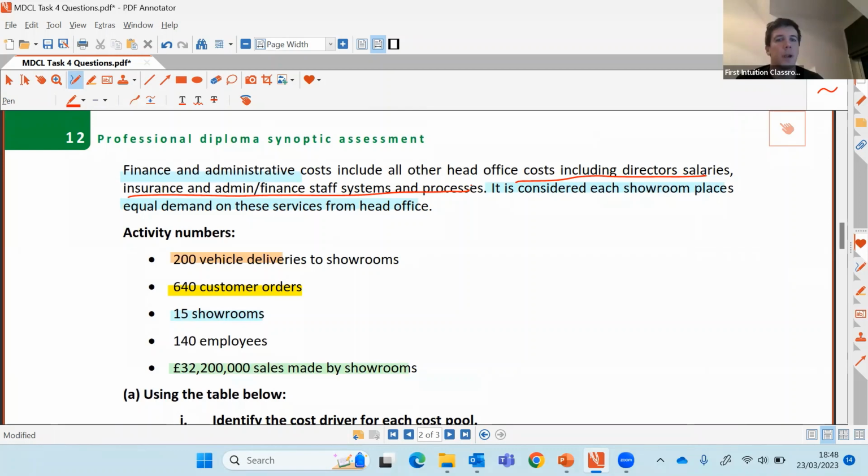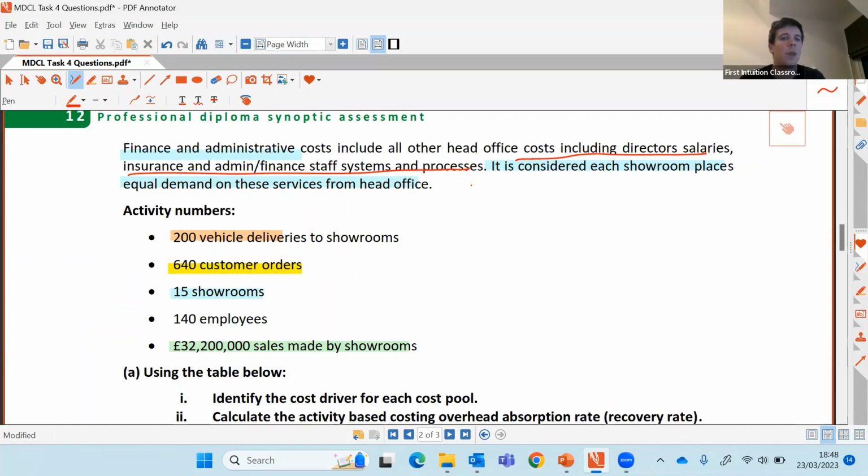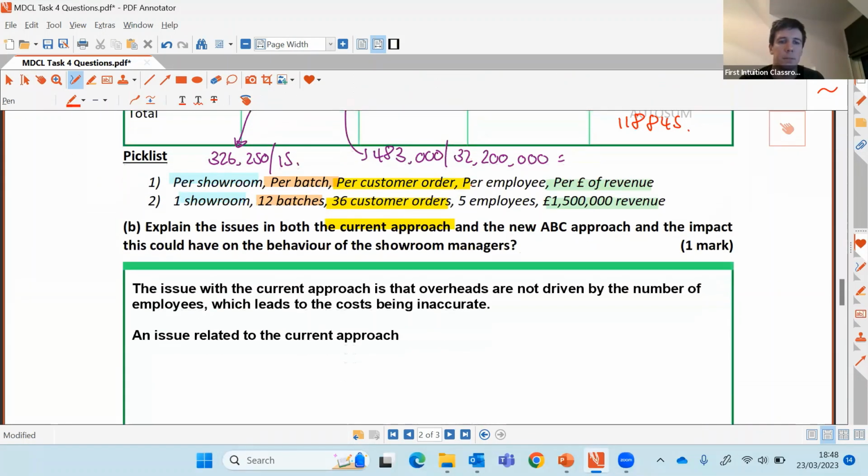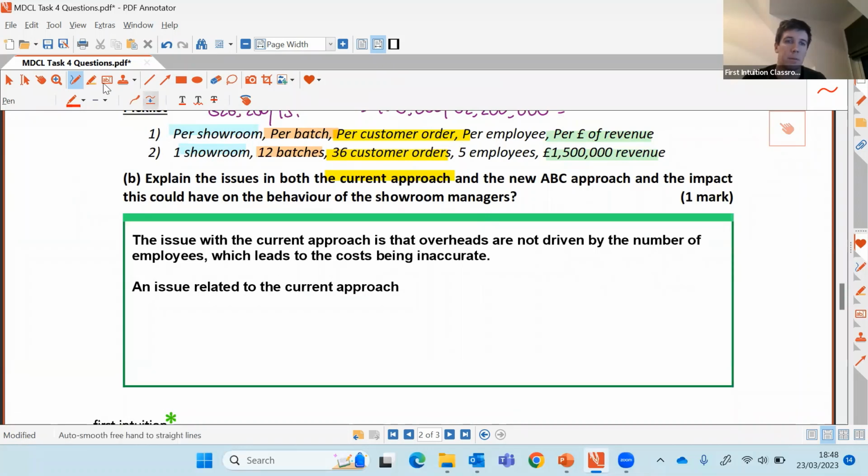Well, the answer to that is probably no, because I doubt that every single showroom has a completely equal share of salaries, of, say, printing costs, could be heating costs. I don't know what sits in admin, but it's incredibly unlikely that there's a completely even split. Some showrooms are going to be a lot bigger than others. Some showrooms will have more staff and therefore will be paying more salaries. So although I'm happier with this approach, it's still not perfect. And I would make that clear.